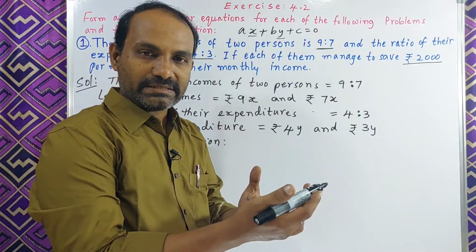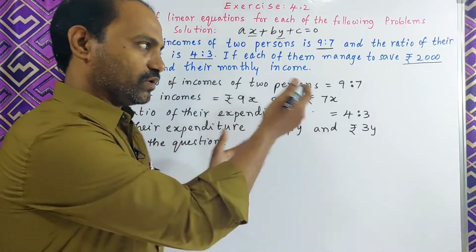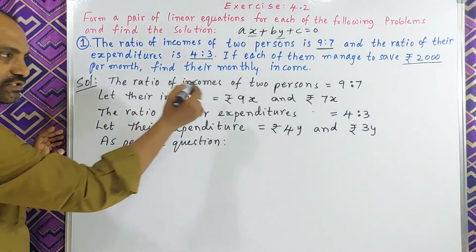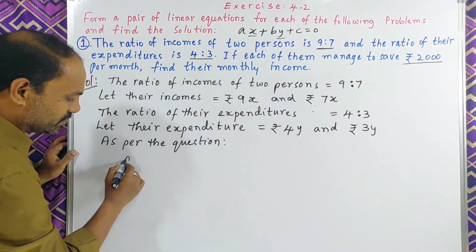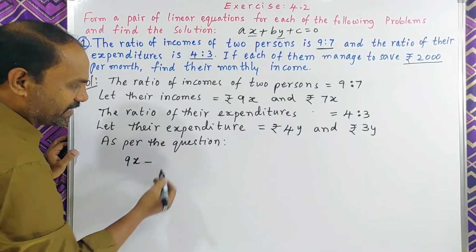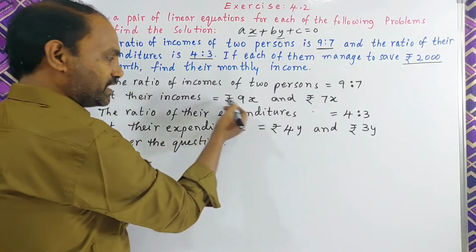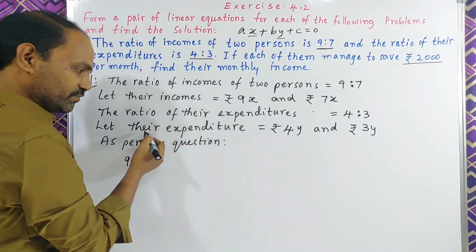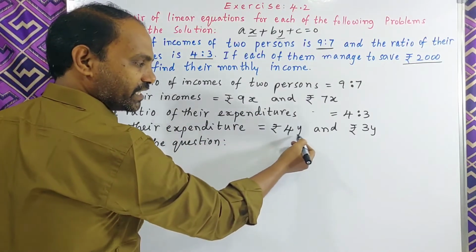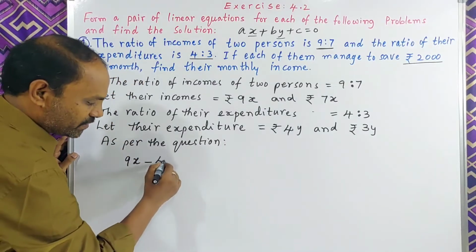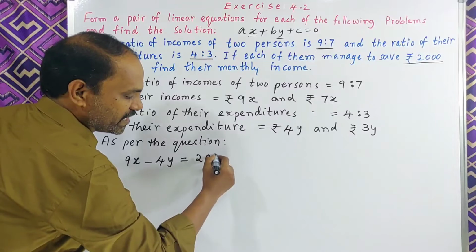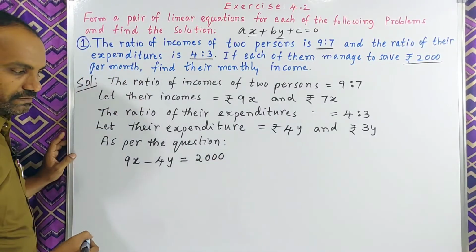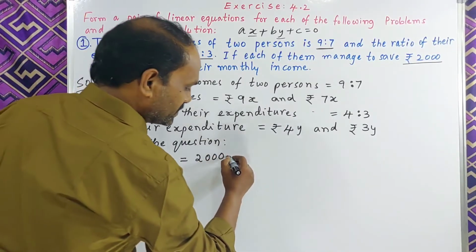Income minus expenditure is equal to savings. That's why first person income 9x minus first person expenditure 4y is equal to his savings 2000. This one is equation 1.